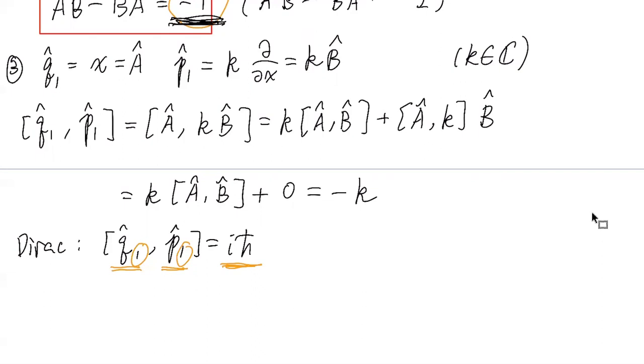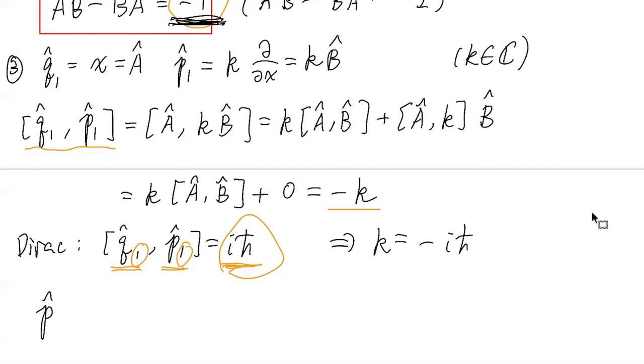Now, that means here Q1, P1 is -K. And Dirac told us Q1, P1 is iħ. And that means K must be equal to -iħ, right? Therefore, what is the momentum operator here?